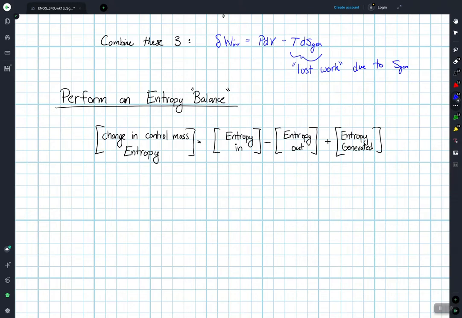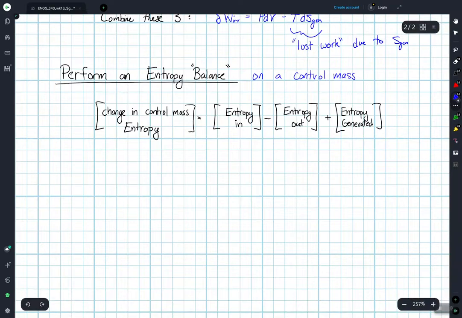So if we do an entropy balance on a control mass, which is just some amount of stuff, the change in entropy of that mass itself is equal to how much entropy is going in minus how much entropy is leaving, plus any entropy that happens to be generated.